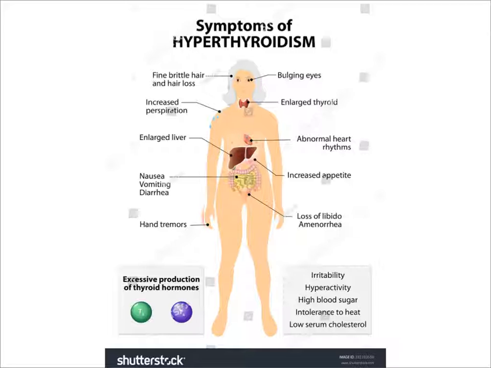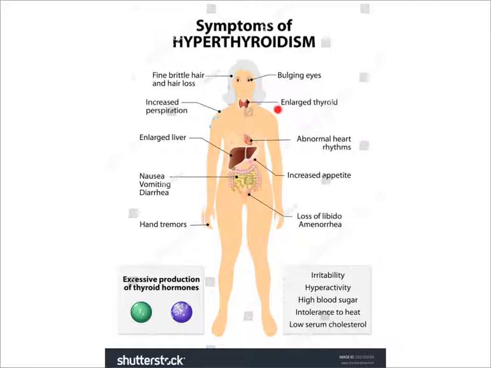Like you're eating plenty of food, but you just lose weight anyways. That can be a major sign of hyperthyroidism because you're burning off that energy faster, and that means that you're going to have usually a higher body temperature. So a constant, slight overtemperature makes you feel hot, and you have increased perspiration to cool yourself down.